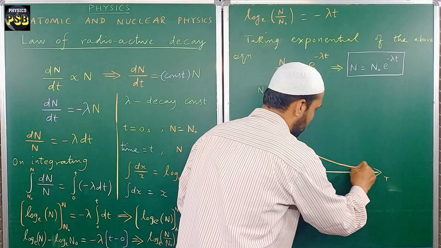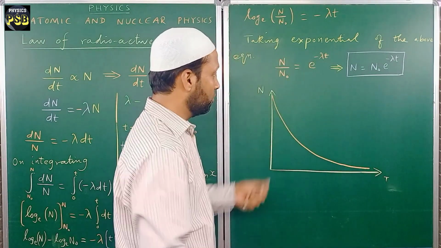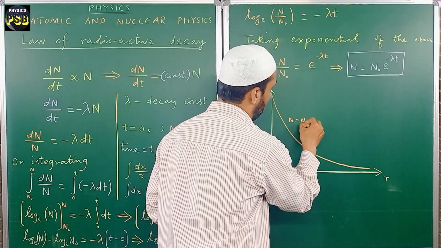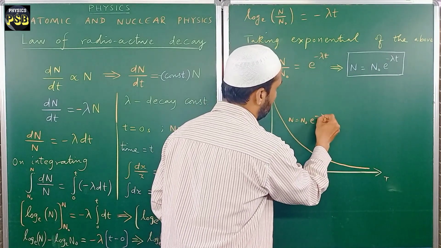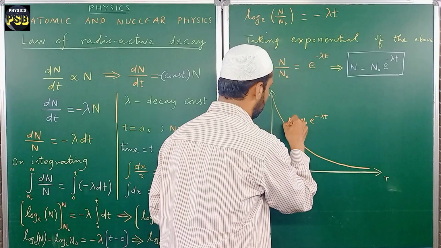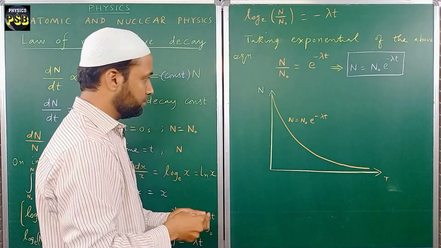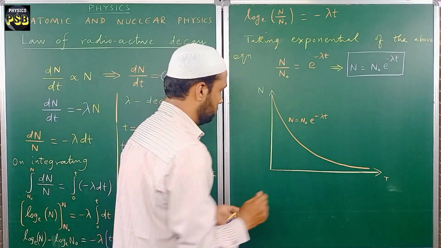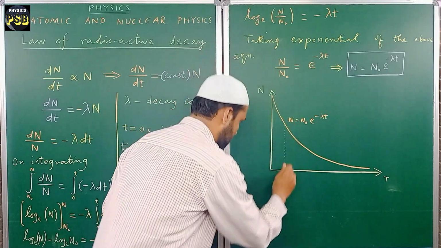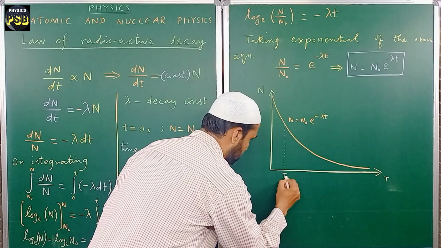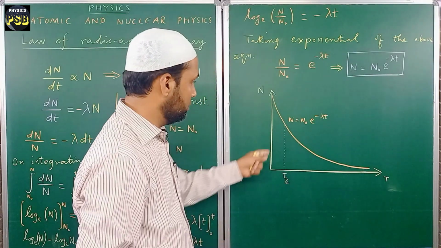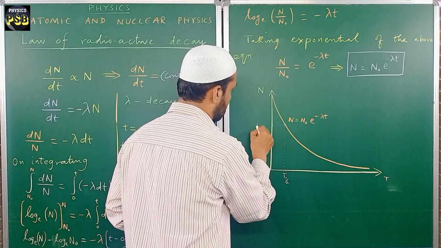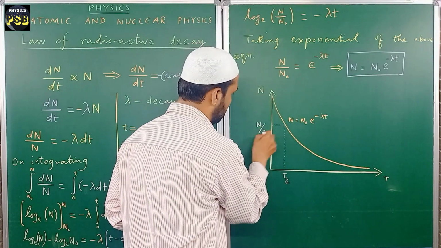You get an exponential curve which represents this equation: N is equal to n naught e power minus lambda t. This is what we obtain. Okay, so actually here, at the first half-life period, n becomes n by 2.